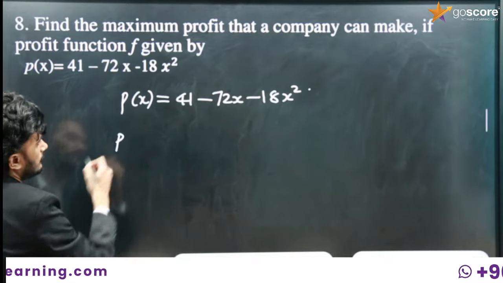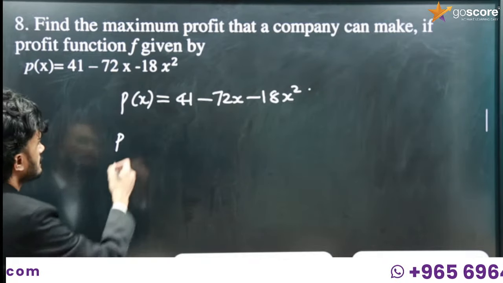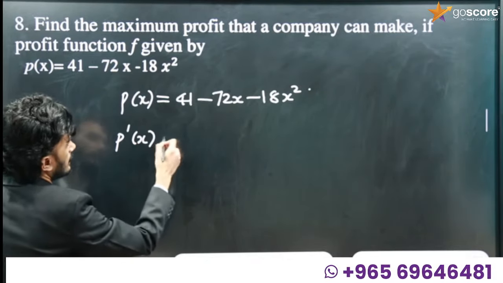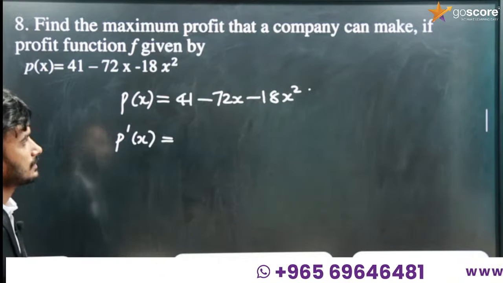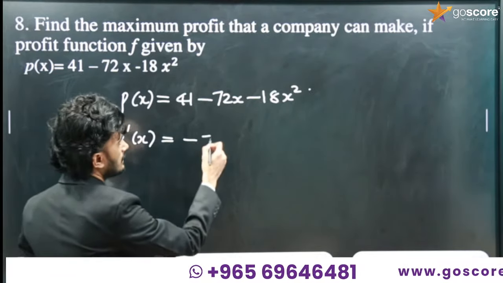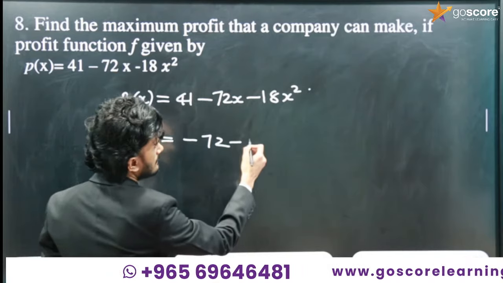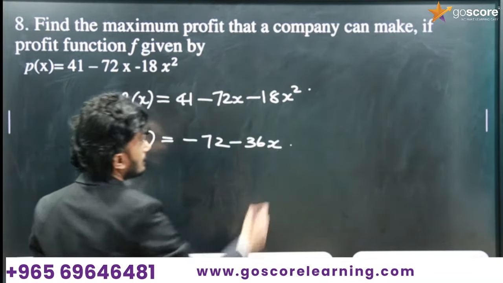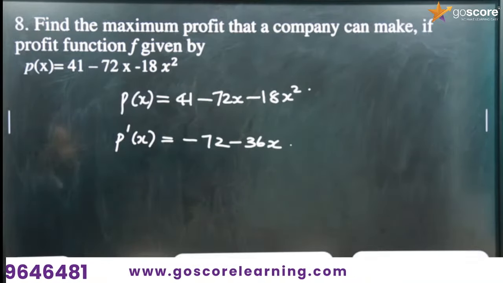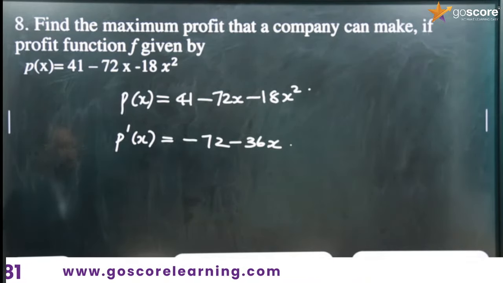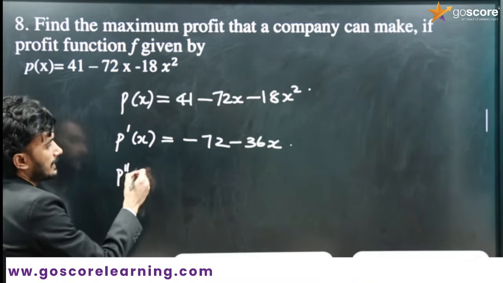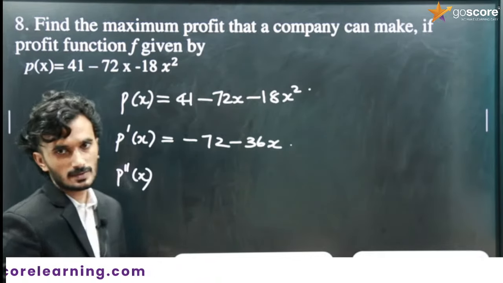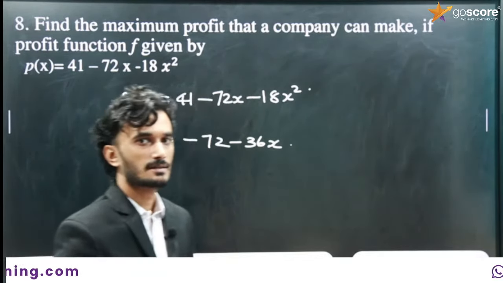So first we will find P dash of x. P dash of x is minus 72 minus 36x. Then we will find the second derivative by using the second derivative test.